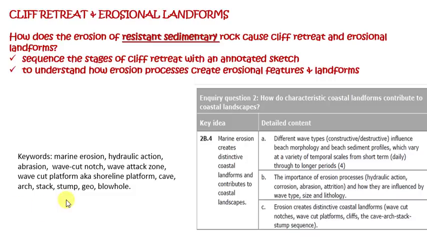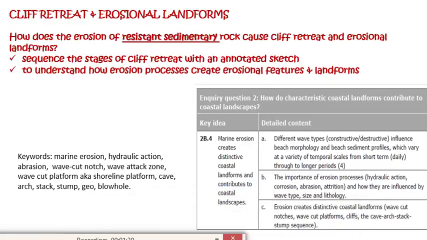Right then. I thought it would quite fit in to introduce this next video, which is all on the process of cliff retreat and how we get erosional landforms and features. So what is it we're going to be learning today?